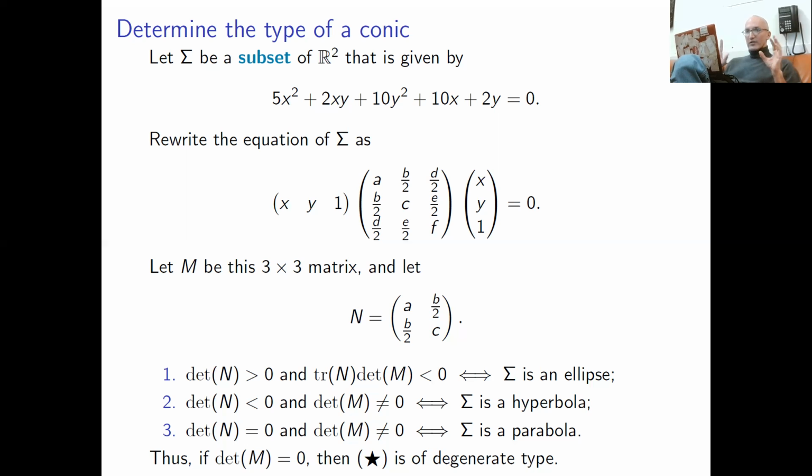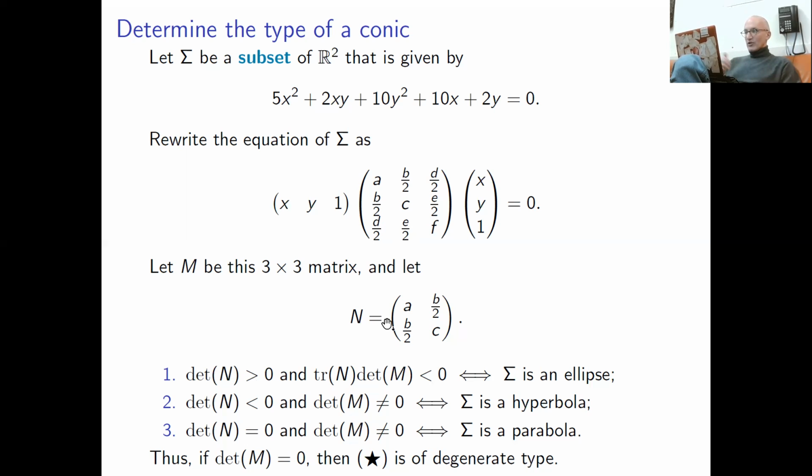So the main slogan: if the determinant of this 3 by 3 matrix is 0, this is the degenerate case. If the determinant is not 0, it's not degenerate, with one minor exception, when this can be an imaginary ellipse.